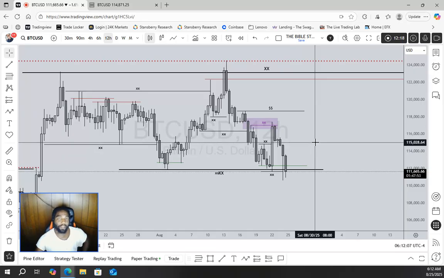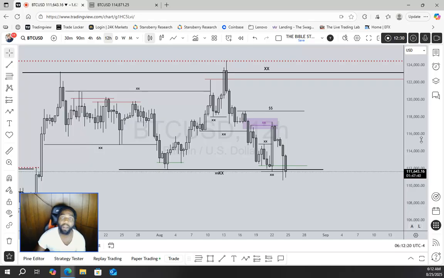If the continuation is giving corrective price action, then we can analyze that price action to basically lean towards price reversing rather than price continuing that trend if the continuation is not impulsive.